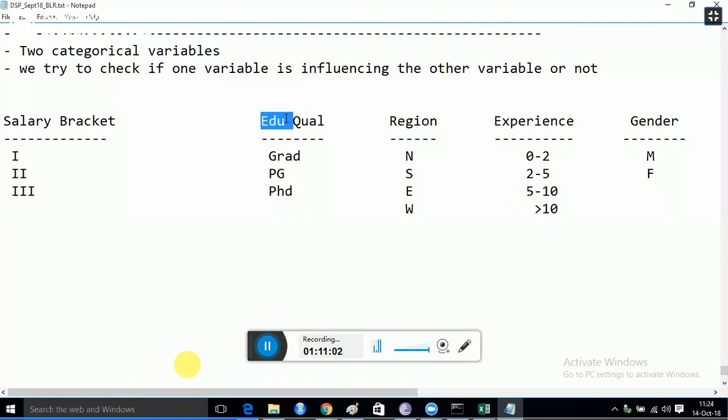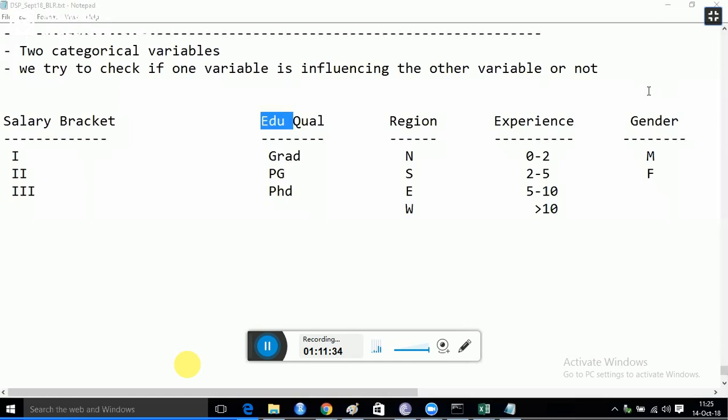Prerna, Uttam, Siddharth, Rajesh, do you think region affects my salary bracket? Some say yes, some say no. Same goes for educational qualification. Most of you said yes, because the more qualified you are, the more salary you can get.